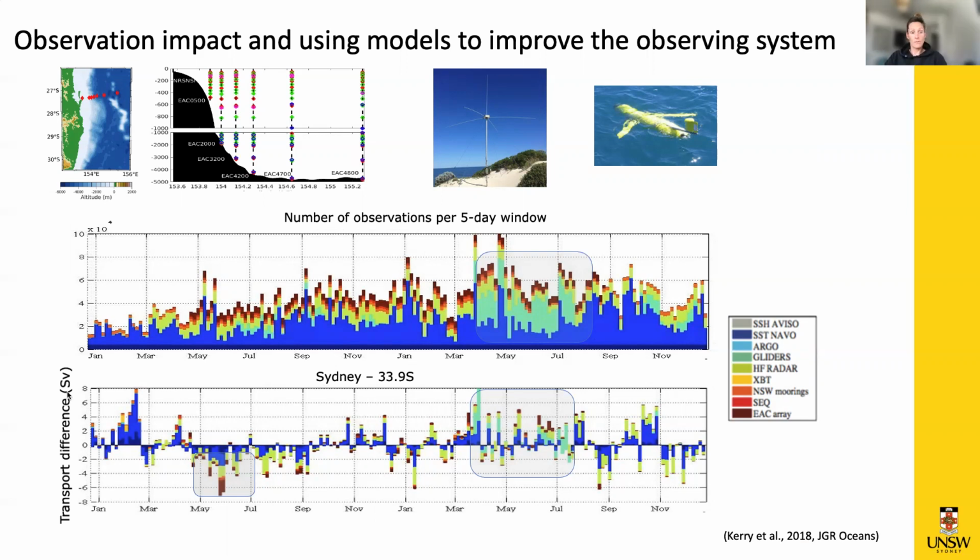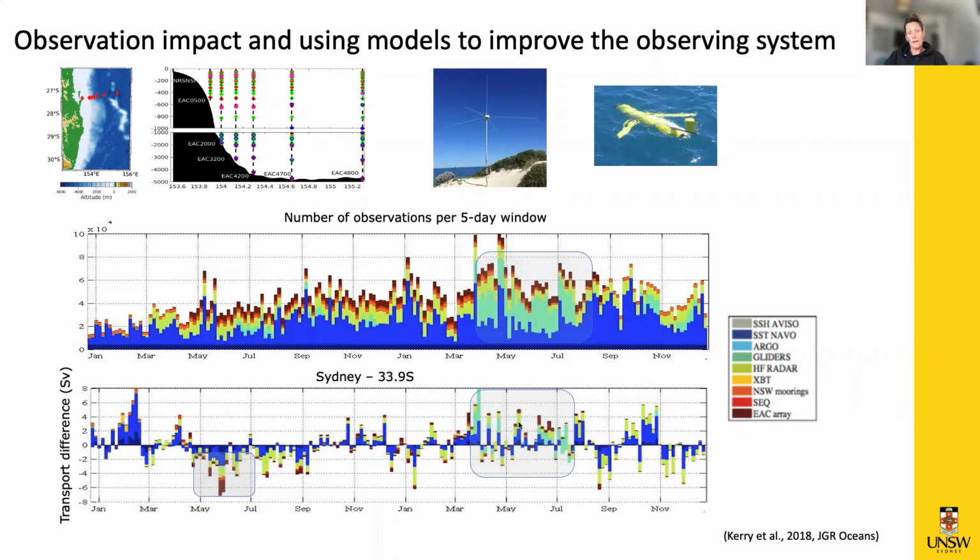So the transport difference is the difference between the forecast and the analysis transport. And we can see that the EAC array, which is the dark red, has a significant impact at some times, as does the HF radar, which is the green.